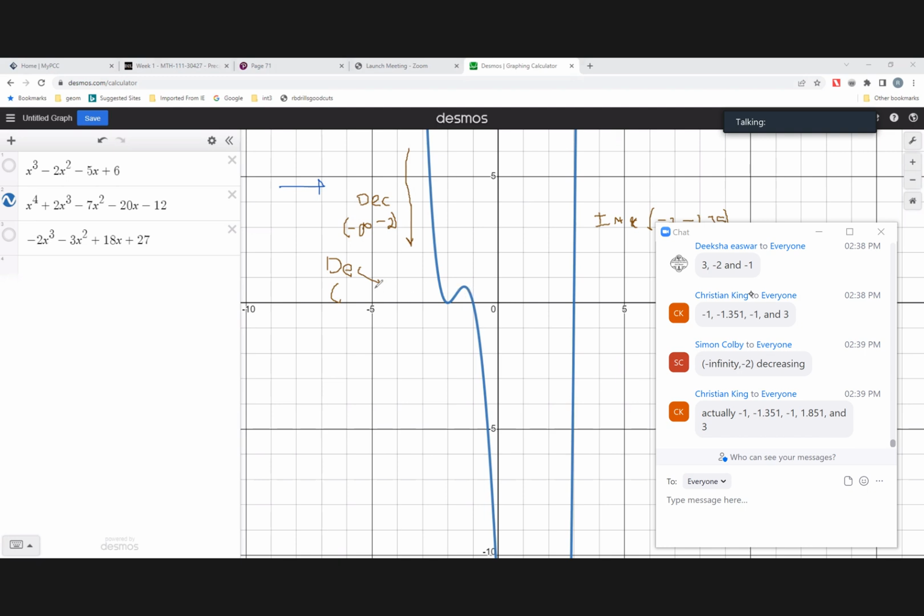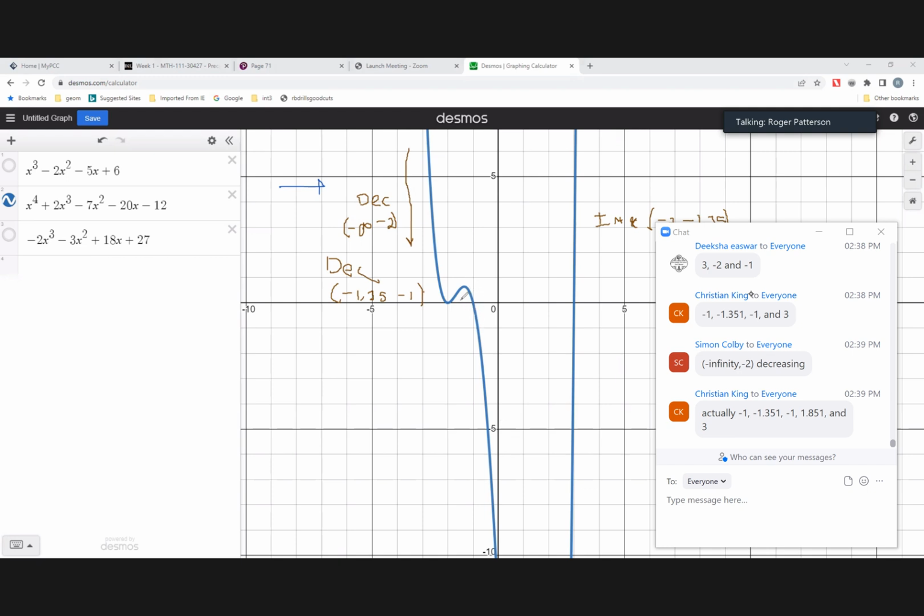I need negative 1.35 to that number, which is negative 1. So that's decreasing, decreasing, increasing, decreasing here.